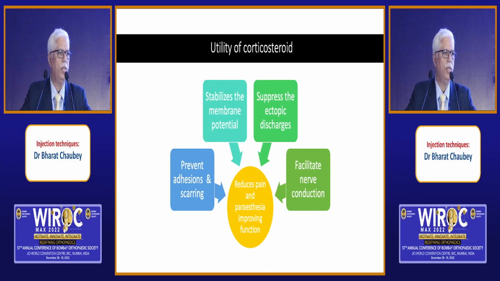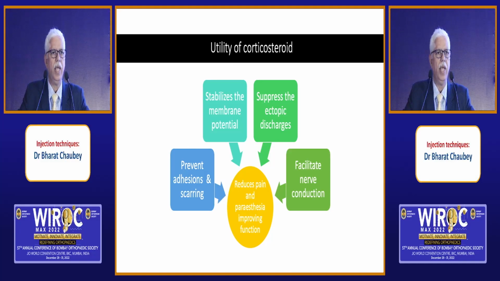All of us know that the corticosteroid per se is a useful drug to take care of the inflammation, provided it is judiciously used. So why is it useful? It is useful because it stabilizes the membrane potential, it suppresses the ectopic discharges, and by doing so, it facilitates nerve conduction.